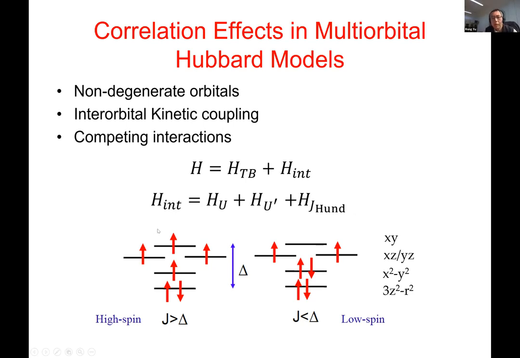This will give very rich physics for this model. For example, depending on the strength of the Hund's coupling and the strength of the level splitting, delta, the system can be stabilized either in a high spin state or in a low spin state.